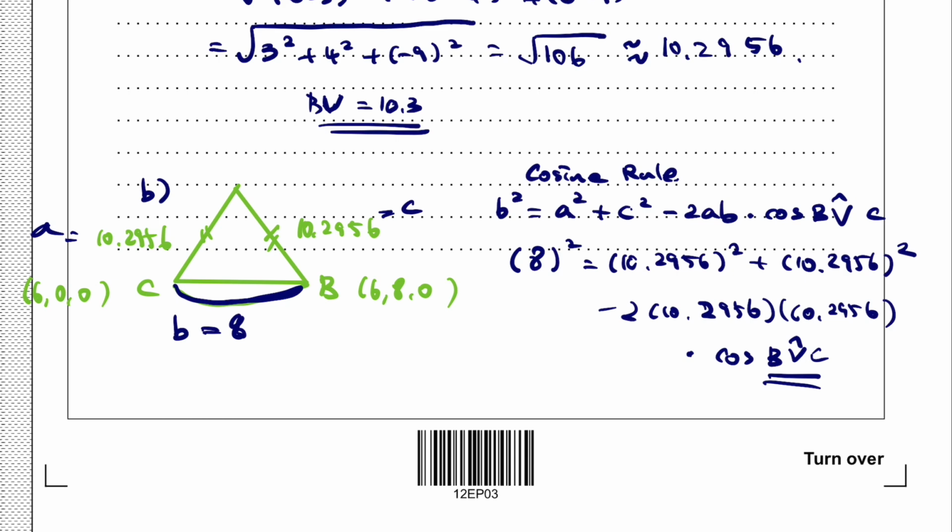Then this gives us the value of cosine V is equal to 0.798037, right? Then we can say that cosine of angle V is the same as 0.798.